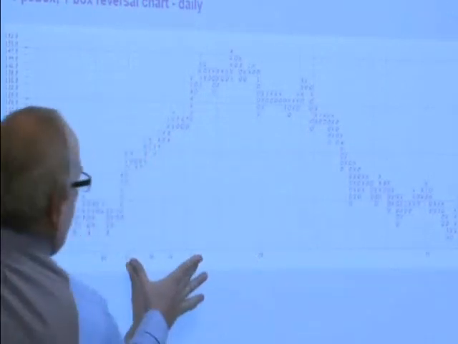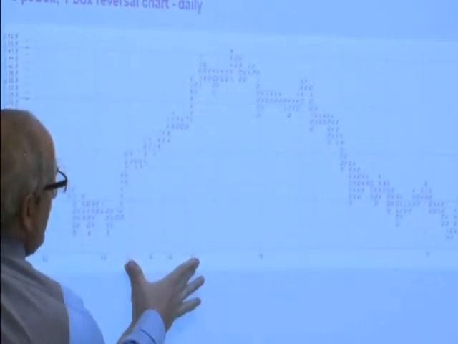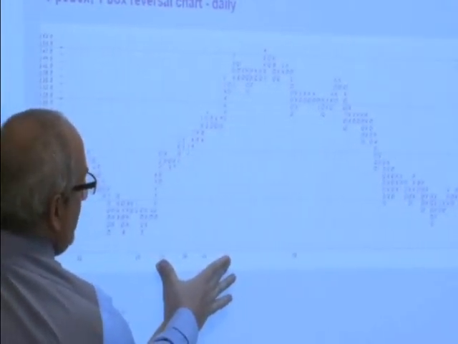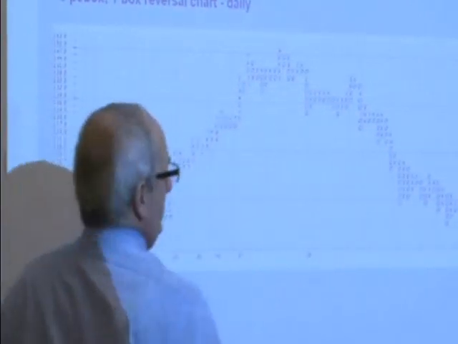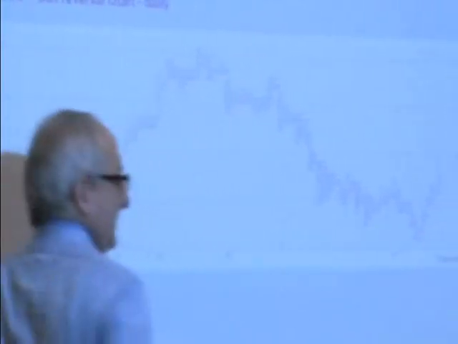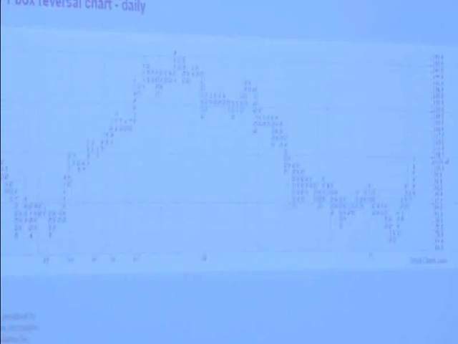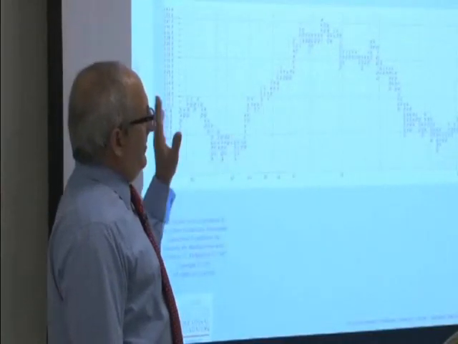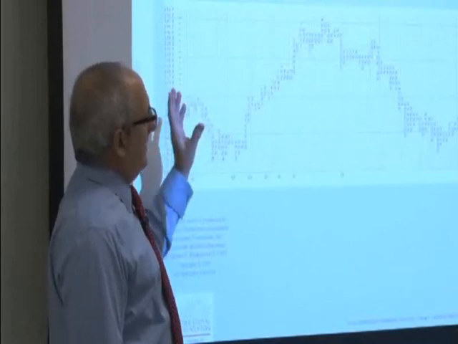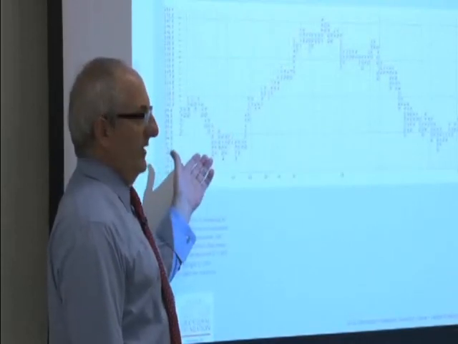You can see that 2007 occupied the same amount of space as the previous 3 years. And then 2008 was a monster. Again, there's a volatility element that's adjusting constantly with the point and figure chart.